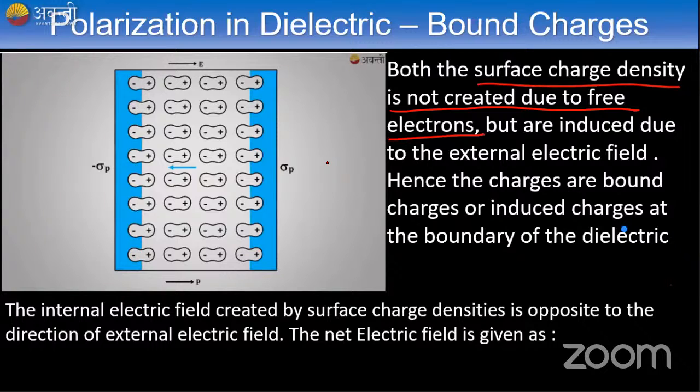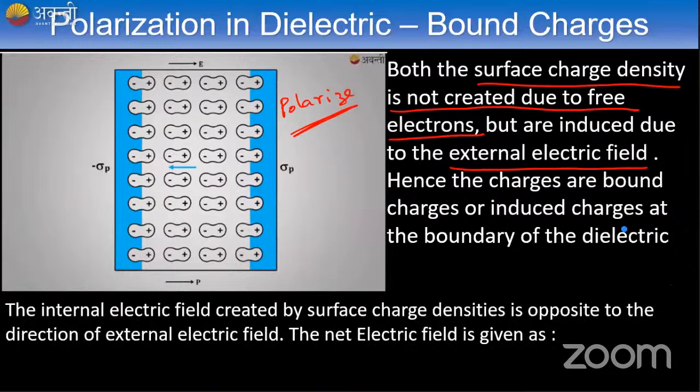These dipole moments are created by the external electric field, which forced the dielectric medium to get polarized. So this induced a net positive charge on the right surface and a net negative charge on the left surface. Then what happens to the electric field?